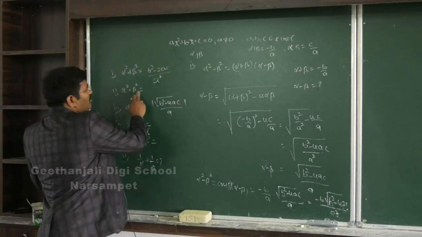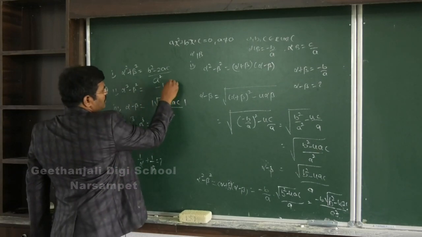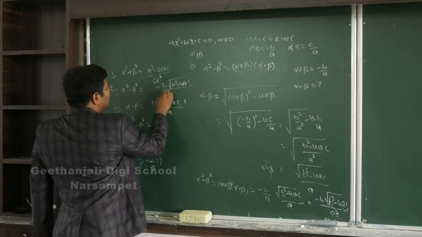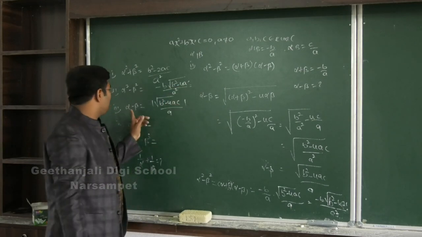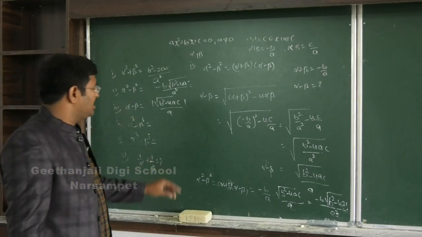Now you will see the value of alpha square minus beta square is equal to minus b into root of b square minus 4ac by a square. Then alpha minus beta is equal to plus or minus root of b square minus 4ac by a.